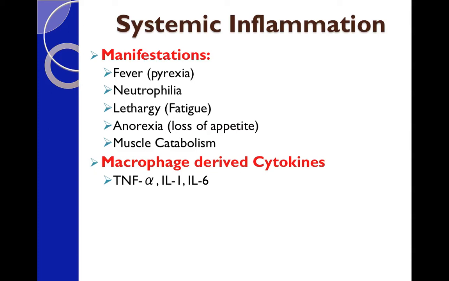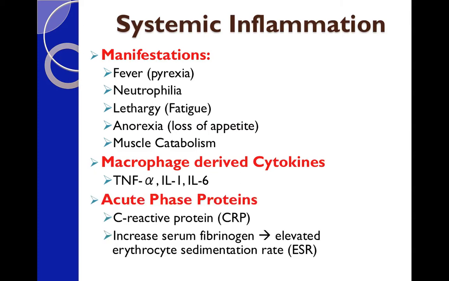And all three of these, TNF alpha, interleukin 1, interleukin 6, they all cause the liver to produce acute phase proteins. So the C-reactive protein and something known as serum amyloid protein.